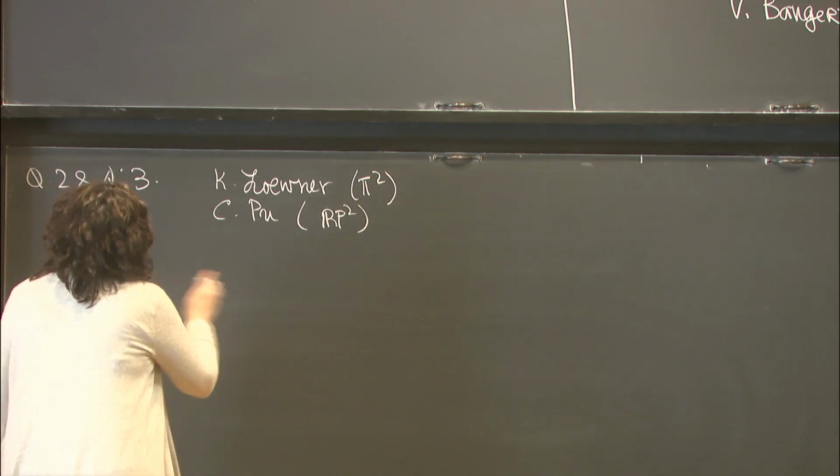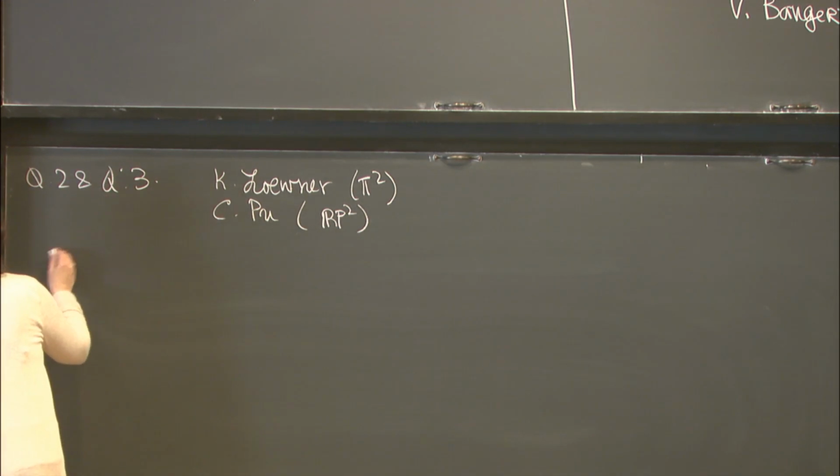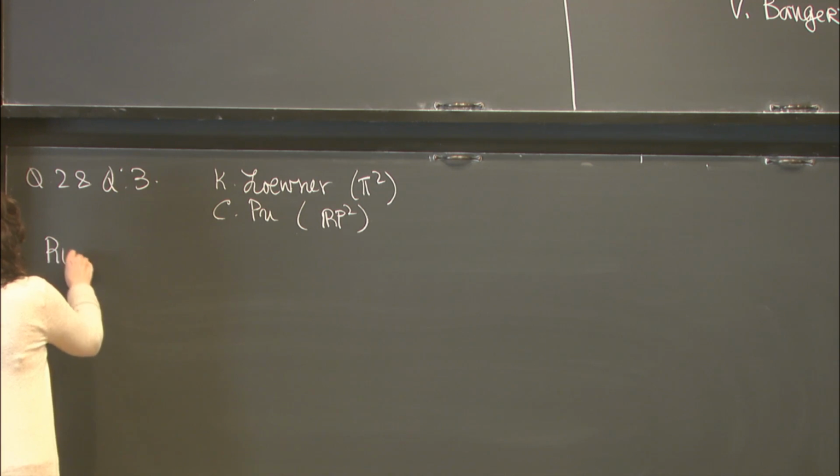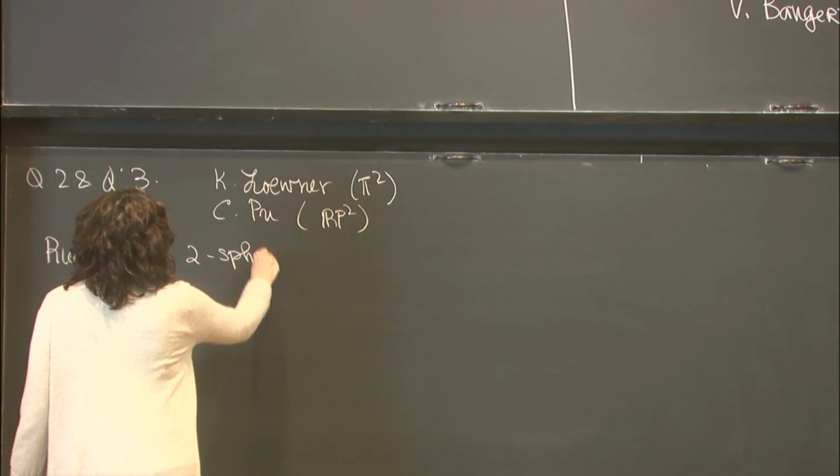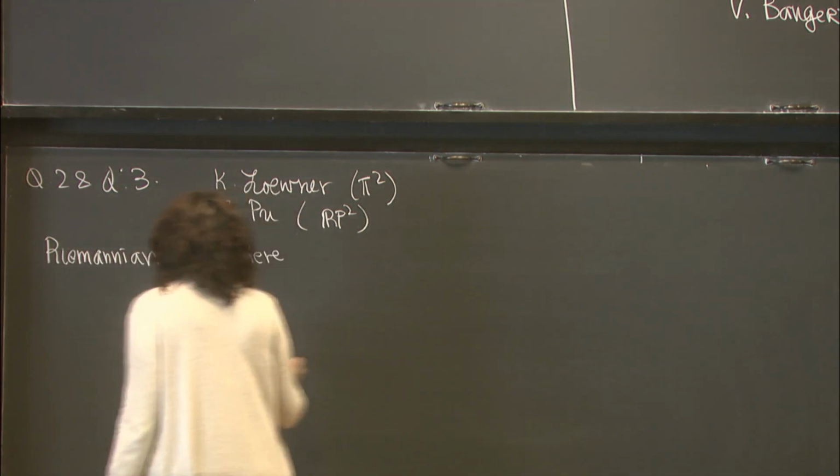And the most difficult case here is the case of a Riemannian 2-sphere. For the Riemannian 2-sphere, the first bounds were due to Croke.